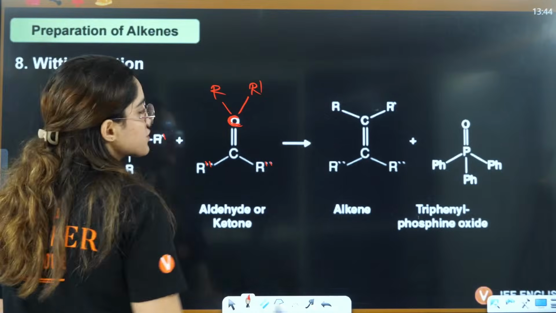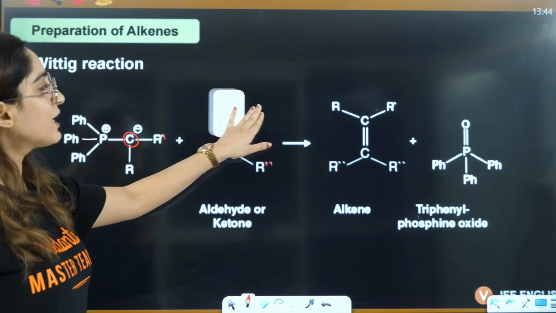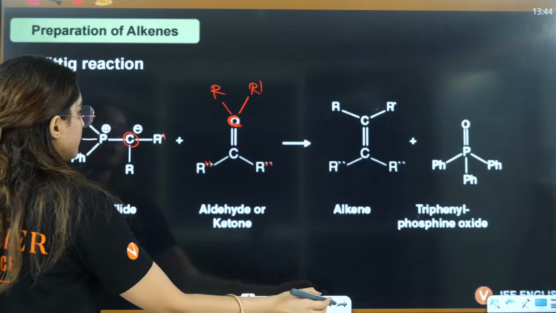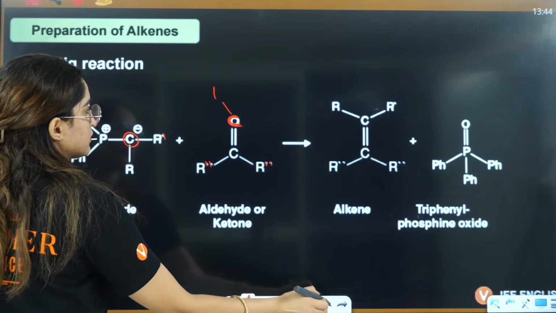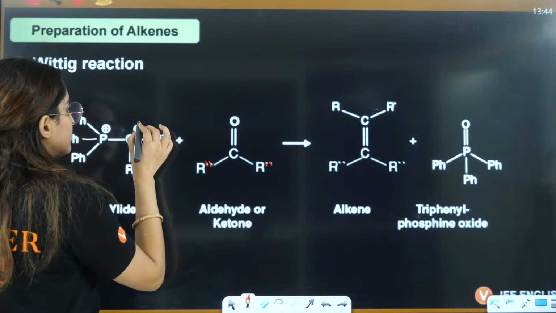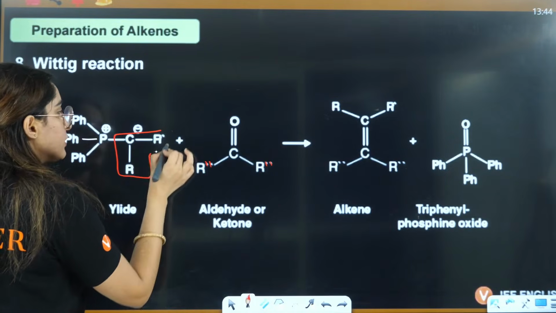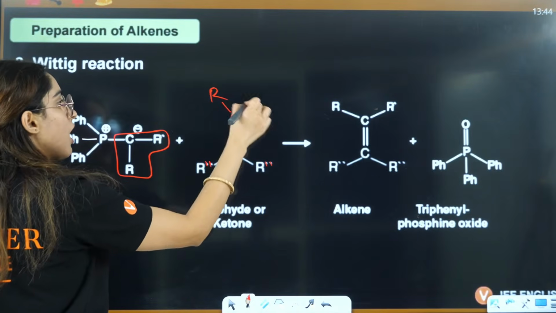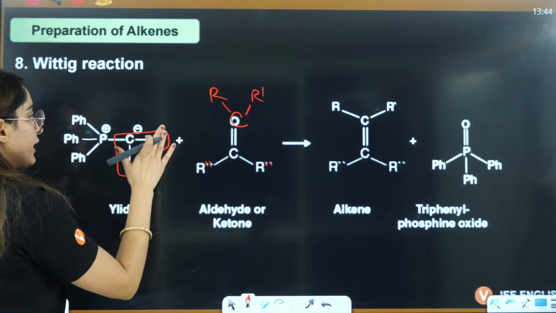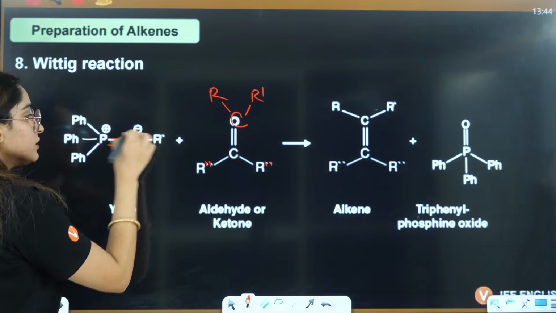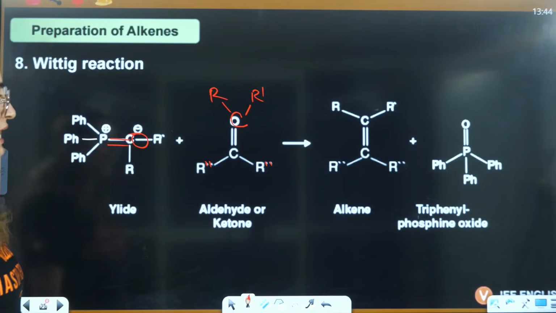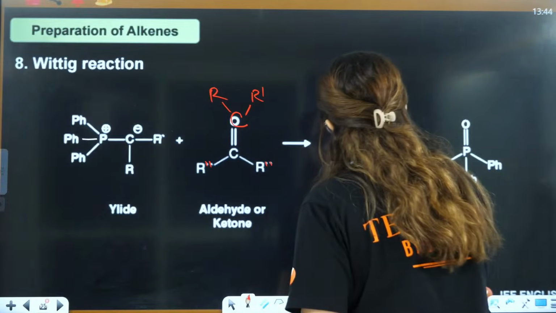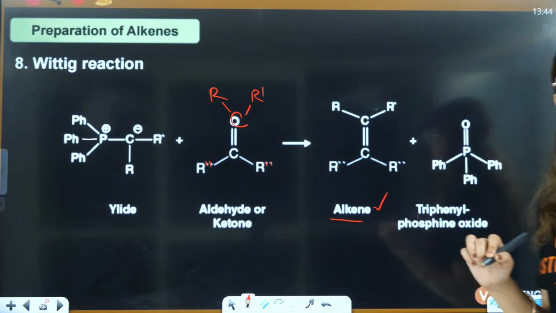That means interchange will happen here. This particular compound here will shift here, that is C, R and R dash. And to this part you will have the double bond O, right? So that's how from ylide you have the preparation of alkene.